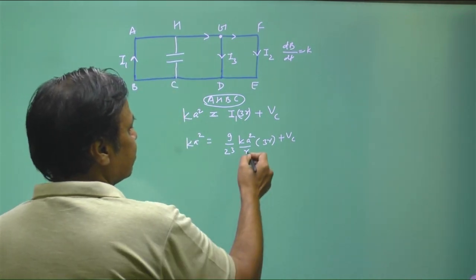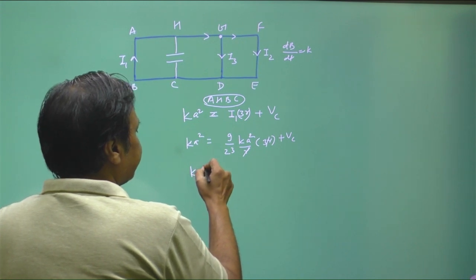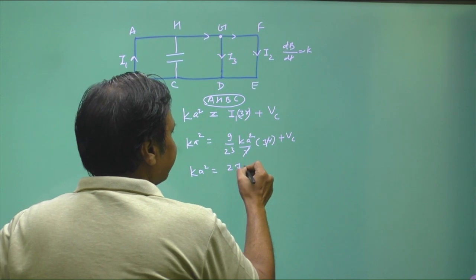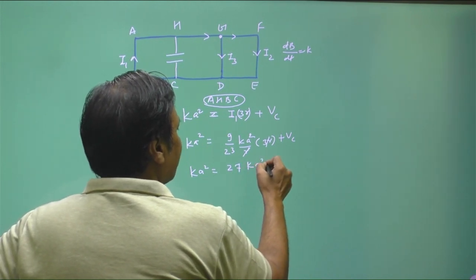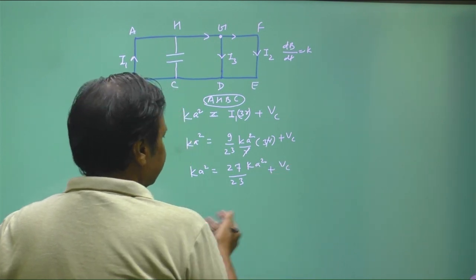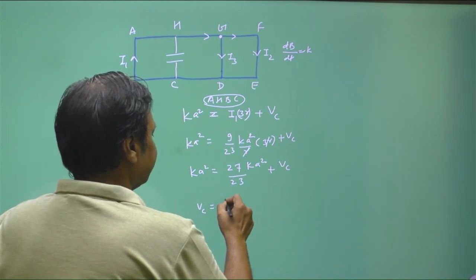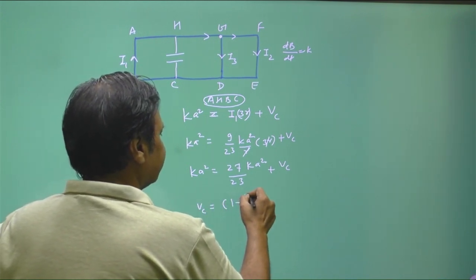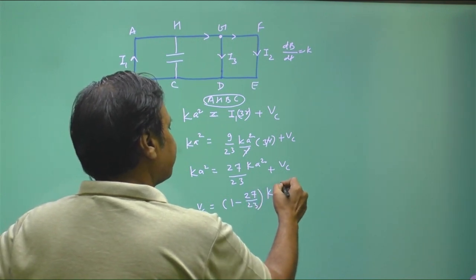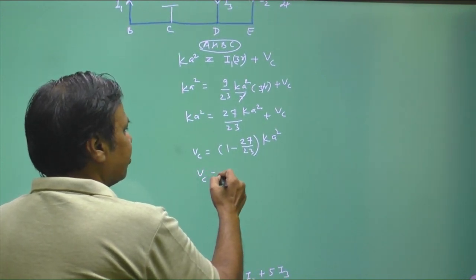If I cancel this R, I will get Ka square equals 9 multiplied by 3, that is 27 Ka square upon 23, plus Vc, and this means Vc is equal to 1 minus 27 upon 23 Ka square.